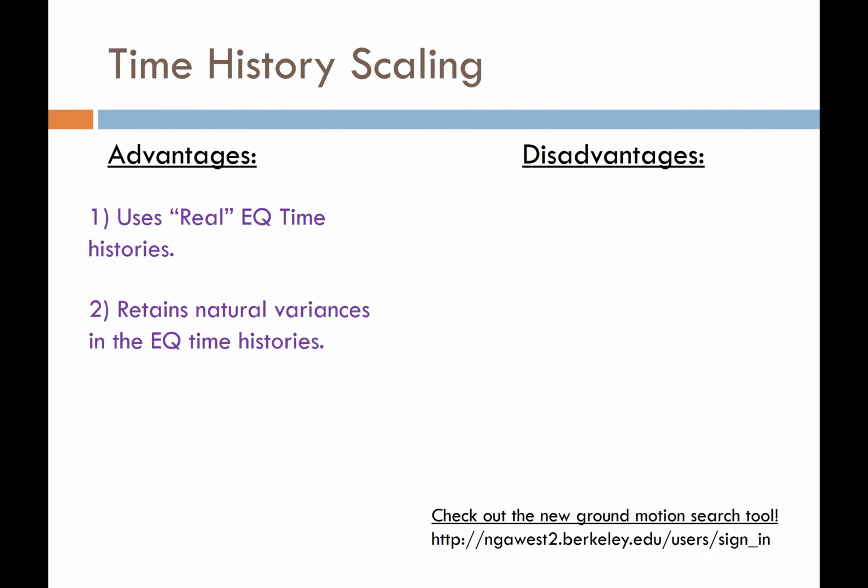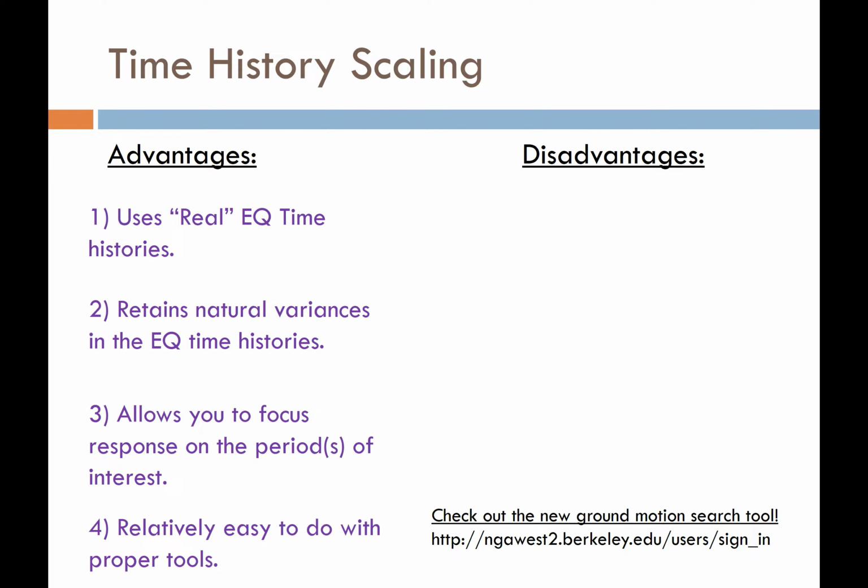So a lot of people like this wider variance and the natural variance that's built into these scaled time histories. And it can allow us to focus on one specific target period of interest, or even a window if we're interested in that. And of course, one of the most important things with this approach is that it's relatively easy to do, especially if you have the proper tools.